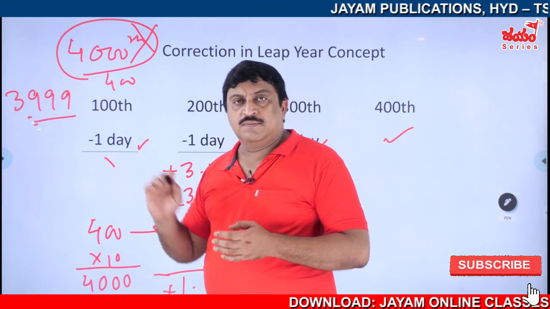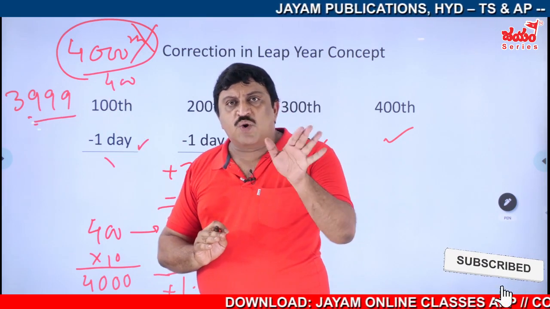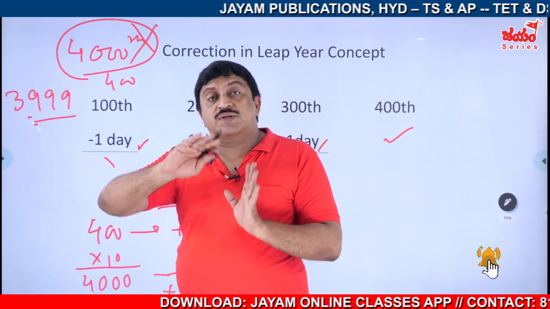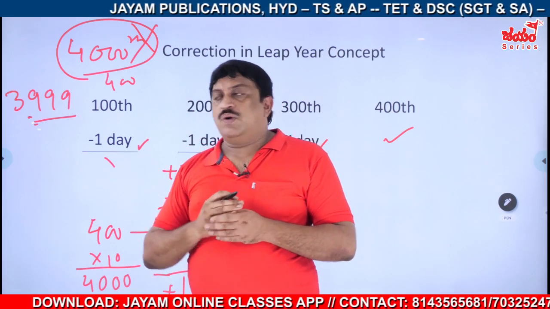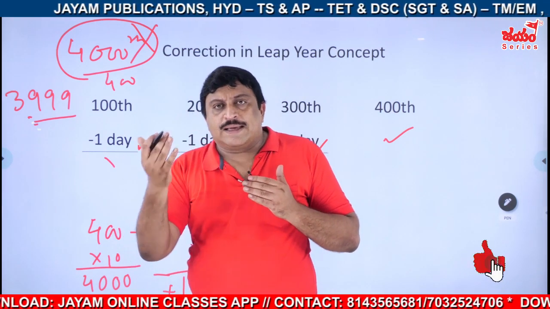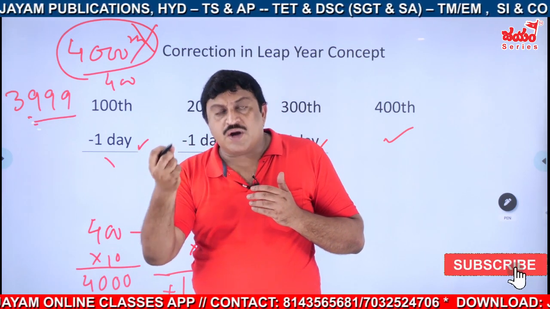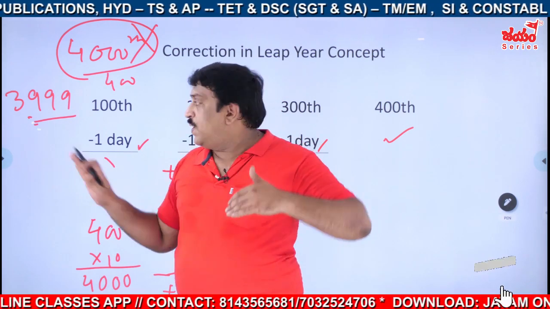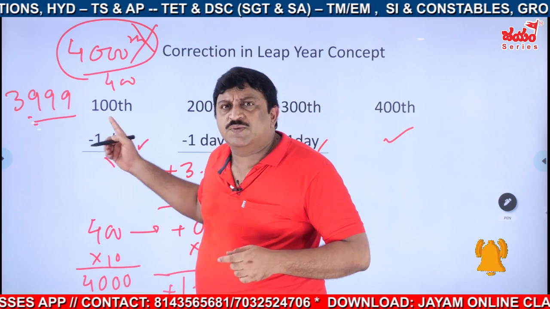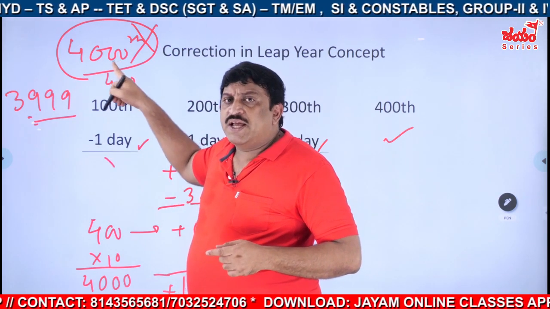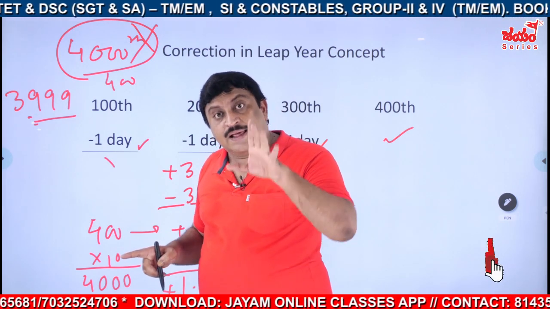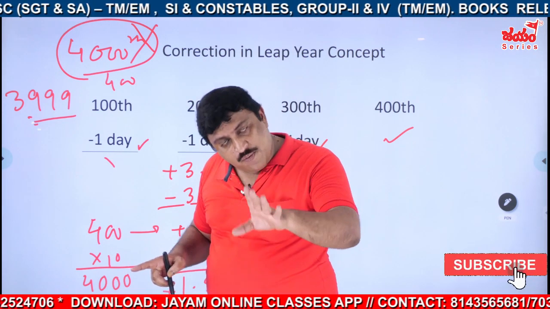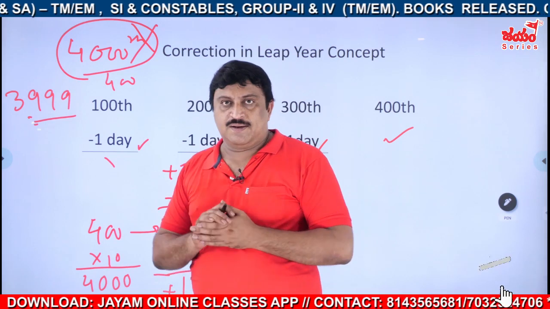People are not in a position to learn beyond this. But what is beyond this? Is the year 4,000 a leap year or a normal year? It is a normal year, not a leap year.